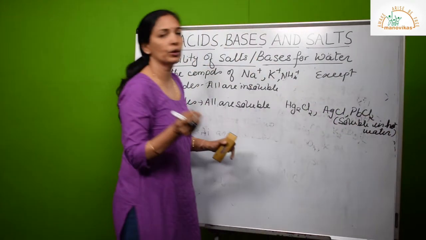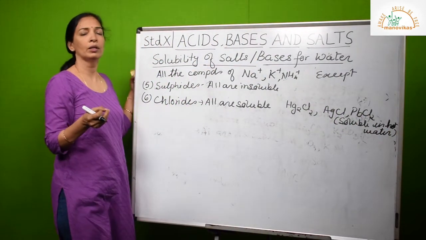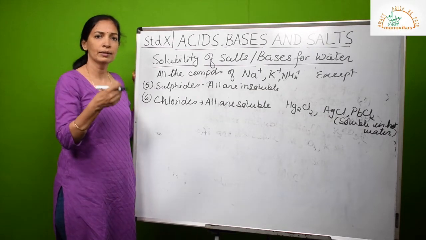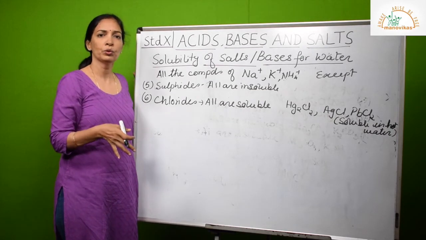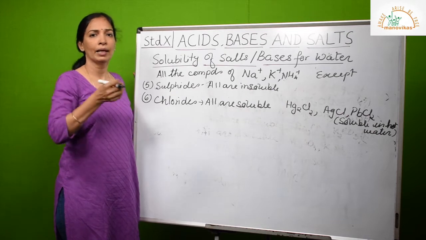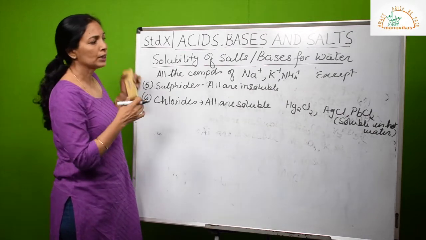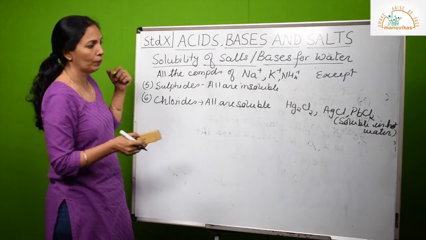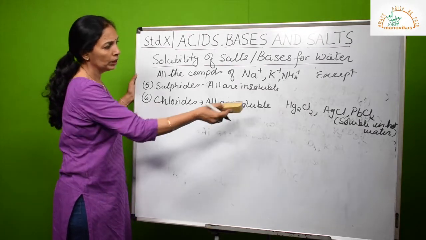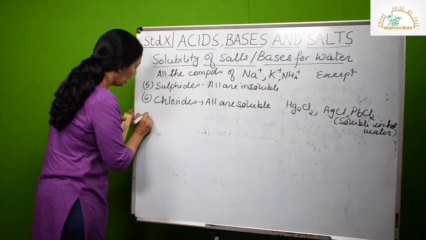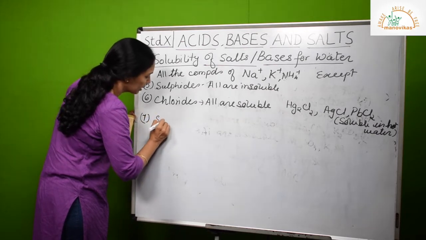So what happens if you take PbCl2 and put it in water, it will not dissolve. If you heat, it will dissolve. And once it comes to room temperature, again it will precipitate like a white needle-like structure. So this is soluble in hot water but insoluble in normal room temperature water. So these are three exceptions. Then after chlorides comes sulfates.